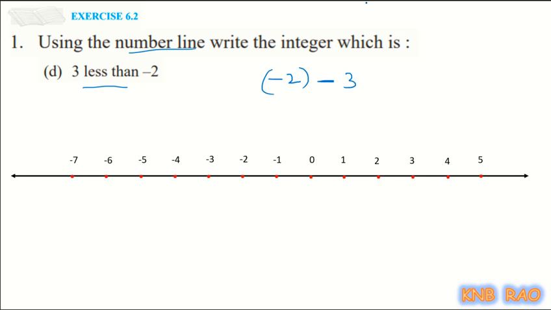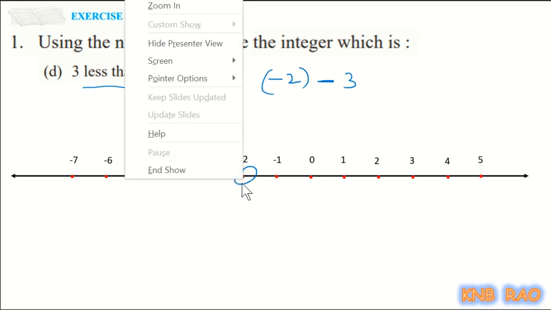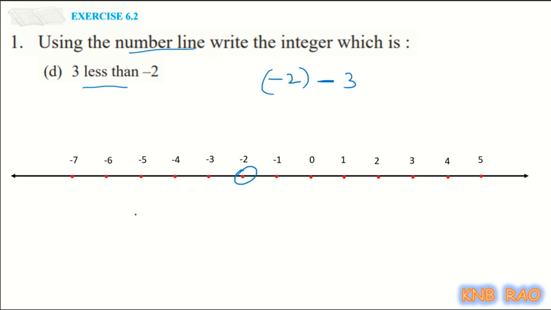We have drawn the number line and marked the points. You are at minus 2, and from there you move 3 numbers towards left to find less: 1, 2, 3, and you arrive at minus 5, that is the right answer.